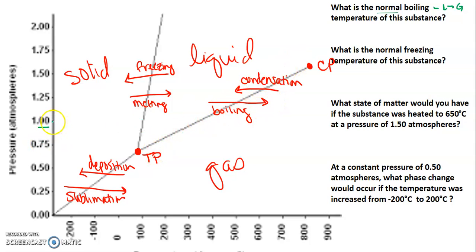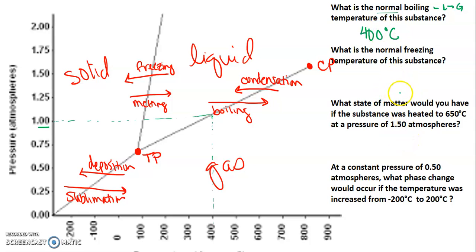So I'm going to go from 1 atmosphere of pressure, and I'm going to do this all the way over to this boiling line. And then if I just go and read the temperature, it's at about 400 degrees. So I would say that my normal boiling temperature is 400 degrees Celsius.